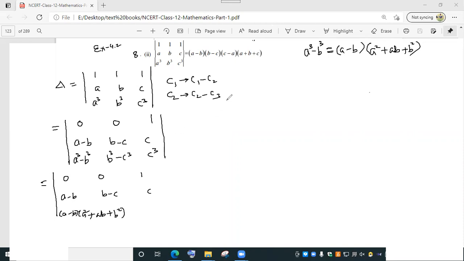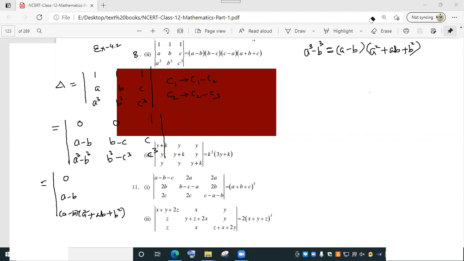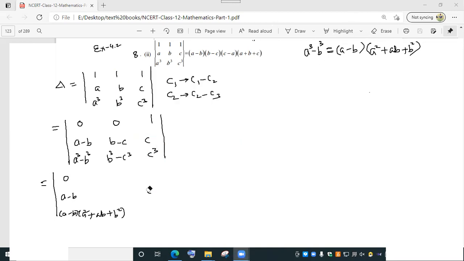Then the second column is 0, 0, b minus c, and b cube minus c cube can be written as b minus c into b square plus bc plus c square.